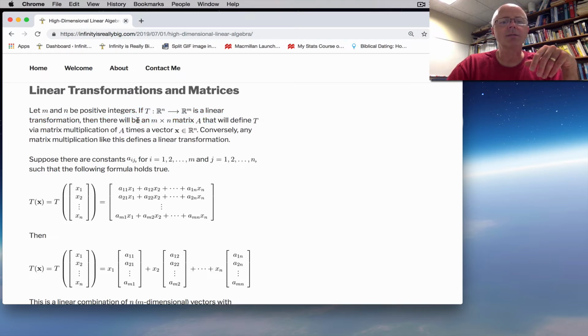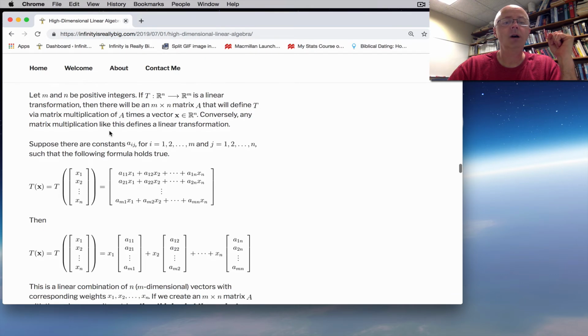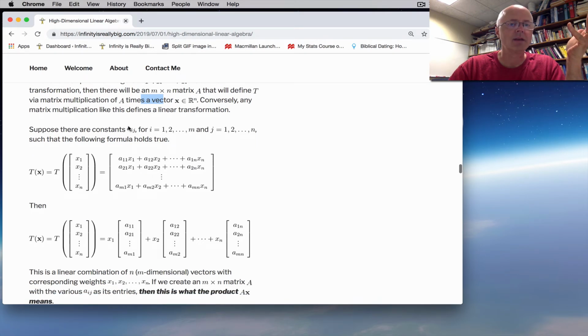That matrix is going to be an m by n matrix, it turns out, with m rows and n columns. Notice the m and the n get switched around from the domain and codomain order up here. We need to multiply A times an n-dimensional vector to get an m-dimensional vector in the end is the idea.